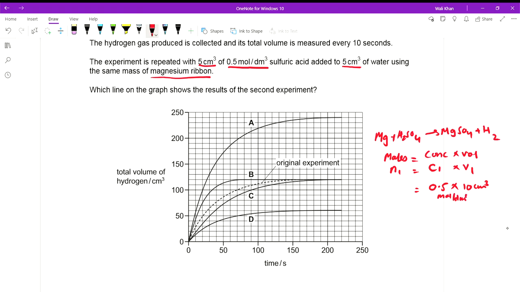I have to have units also. When we change into cm³, 0.5 is divided by 1000, multiplied by 10, and your answer n1 is 0.005. So these are the moles of H2SO4 in the first experiment.